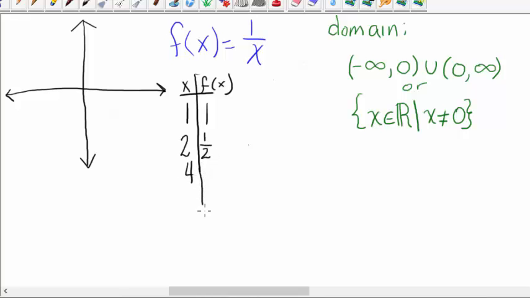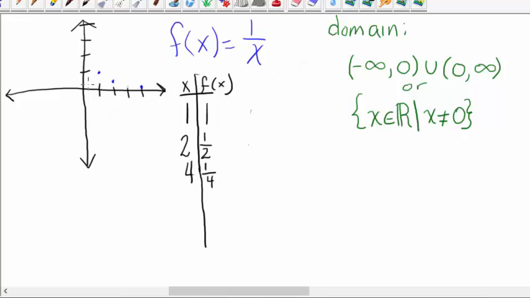When x is 4, f of x is 1 over 4, or a fourth. So we see that we have this point (1, 1), and then (2, 1/2), (4, 1/4), and so forth. As we get larger and larger over here on the right, our graph is going to get closer and closer to 0, but it'll never reach it.